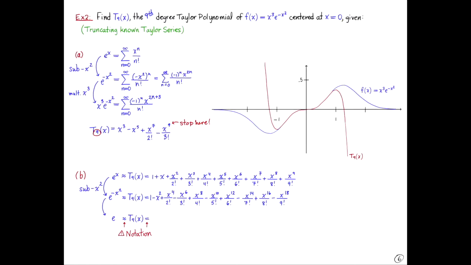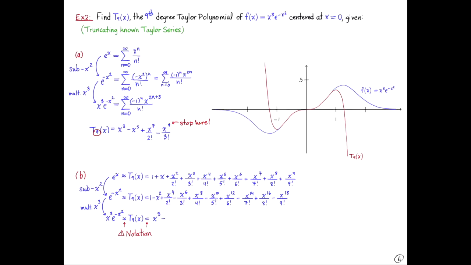In our next step, let's multiply through by x cubed, giving us x cubed times e to the negative x squared, which is approximated by the 9th degree Taylor polynomial. That is equal to 1 times x cubed, which is x cubed, minus x squared times x cubed.